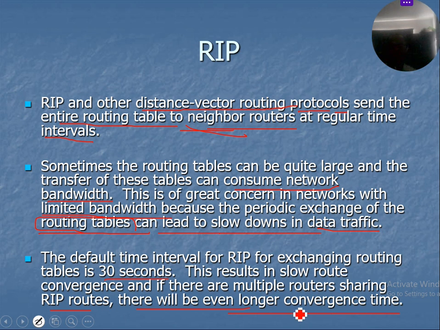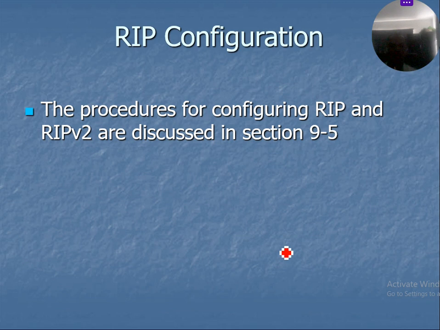All of this amounts to slowness, delay, data loss, data traffic, congestion, and longer convergence time. So we have to figure out which routing protocol is best suited for routing.